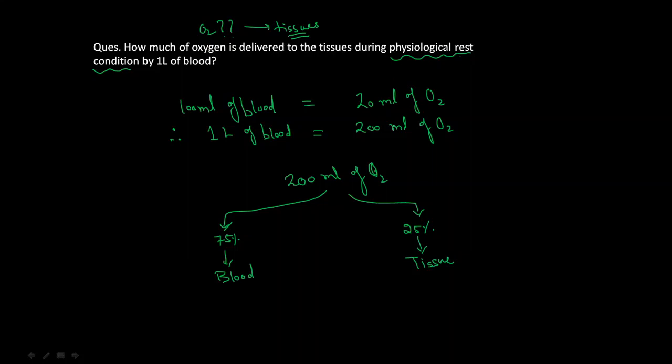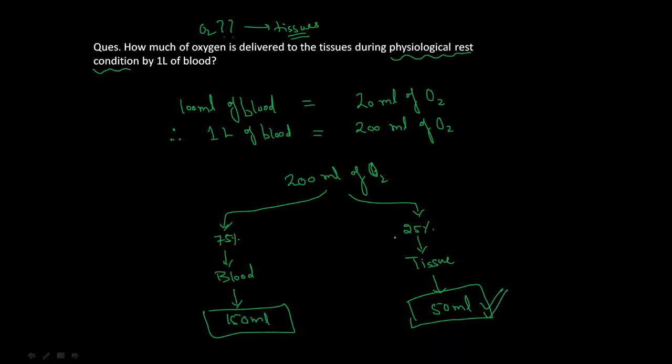Okay, so we have 200 ml of oxygen, so 75% of 200 ml will be 150 ml. This will remain in your blood, while the remaining 50 ml will be given to your tissues in order to do cellular respiration and provide energy.